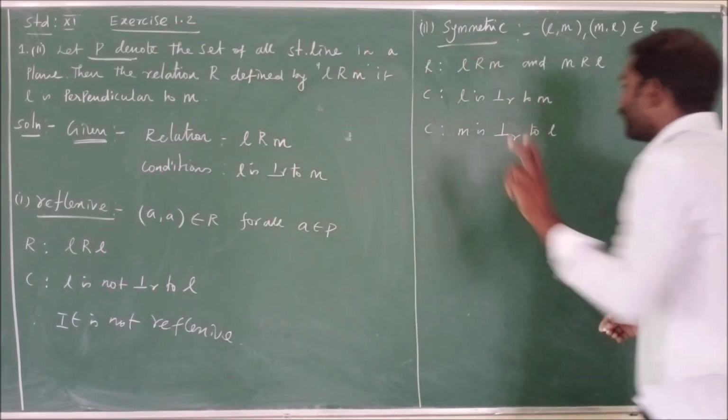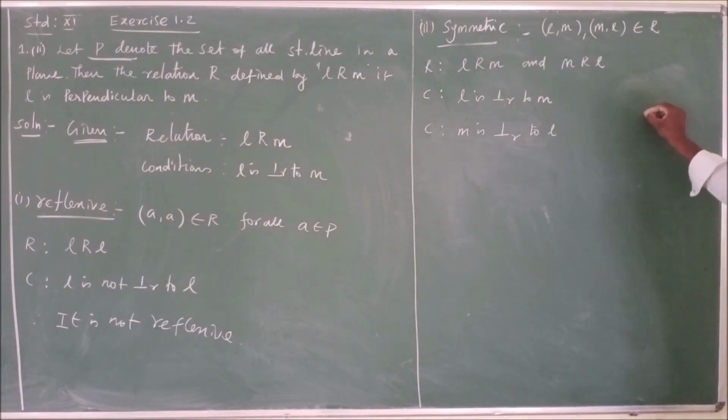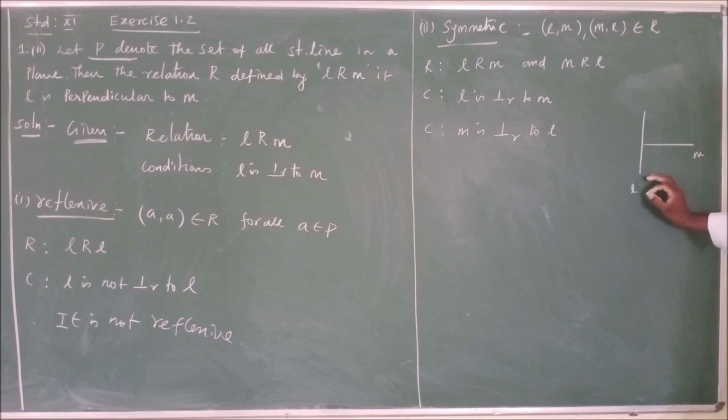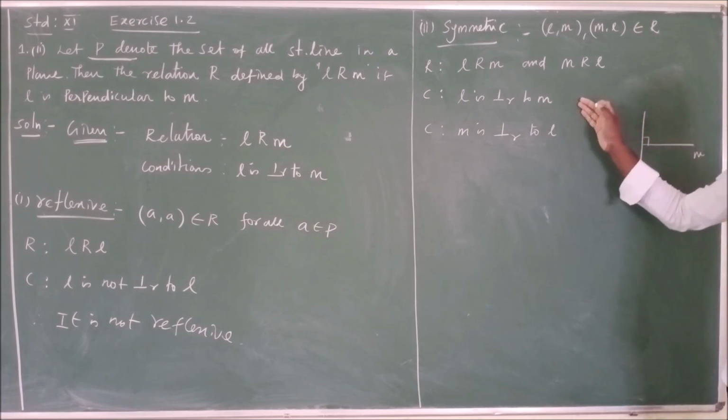For example, let us take two straight lines. This straight line is L. Another straight line is M. It means that L is perpendicular to M. Otherwise the order is M is perpendicular to L. So both conditions are satisfied.